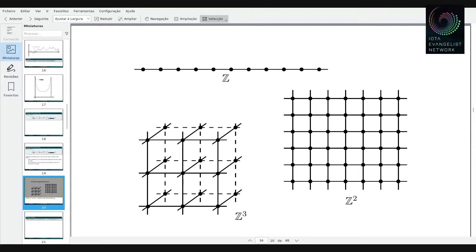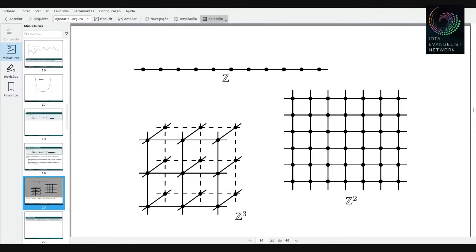This one here is the two-dimensional lattice. This one here is what I could draw for the three-dimensional lattice. And actually, mathematicians have no problem defining this sort of thing in any dimension, right? But let's just think about these three.